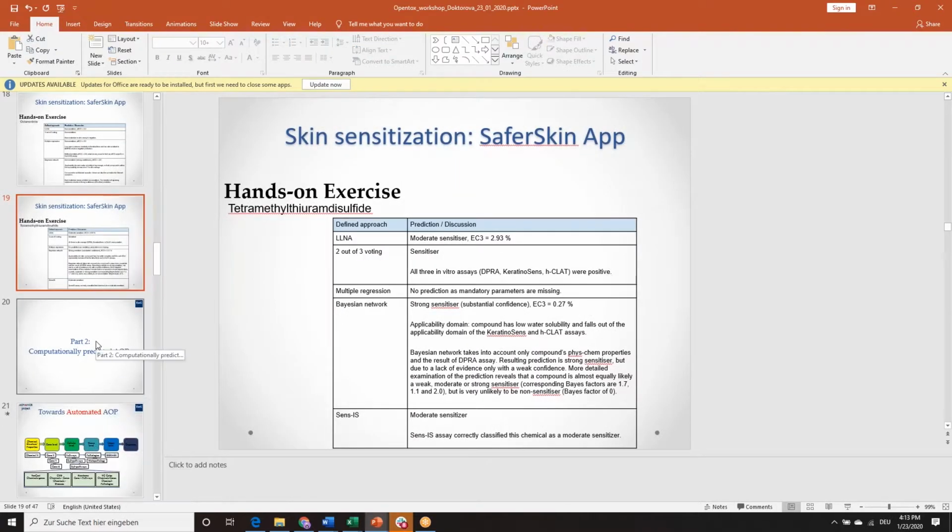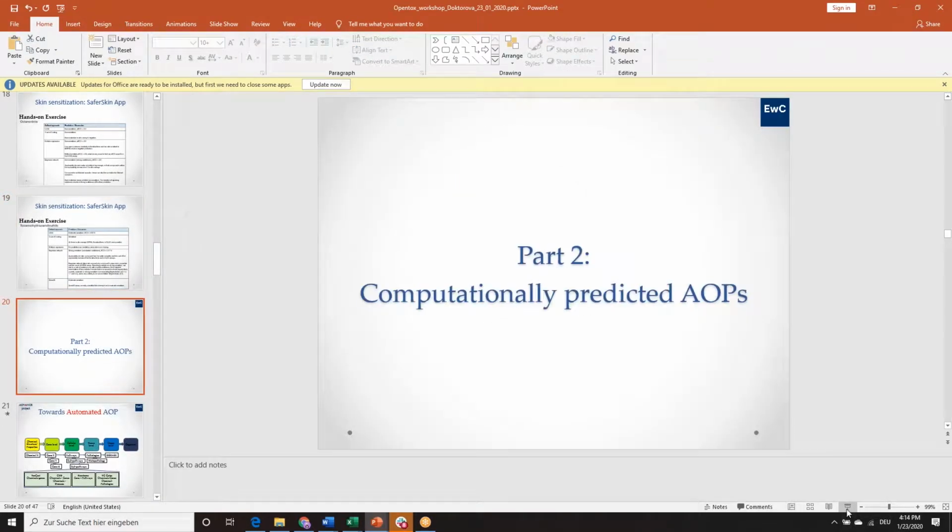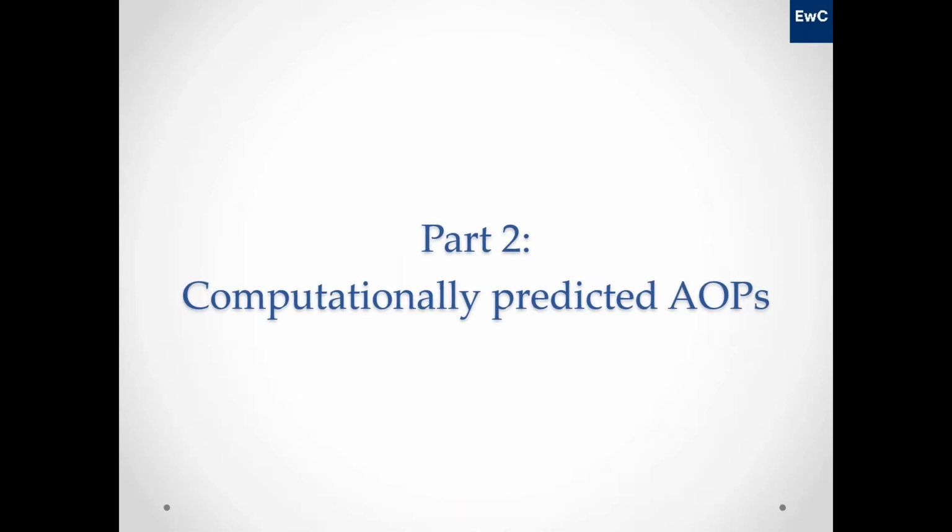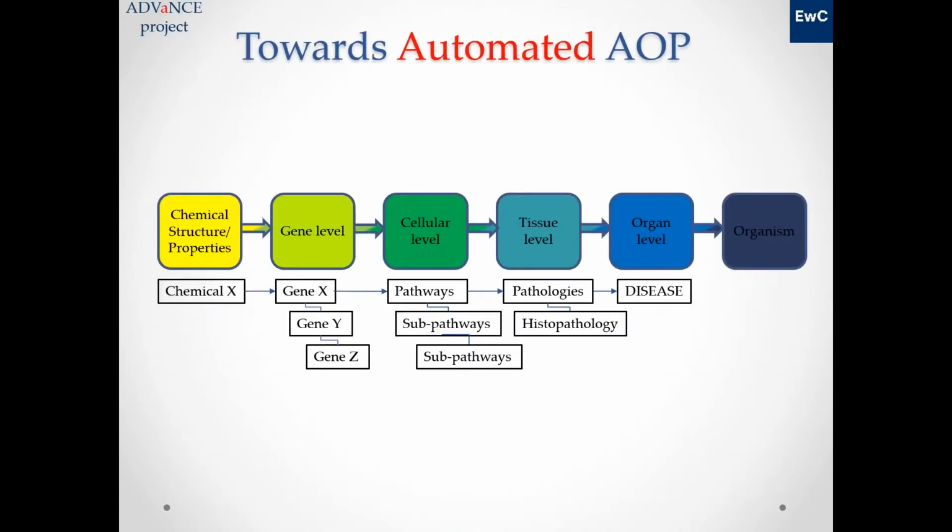So the second part of this presentation is on computationally predicted AOPs, and this work is part of a Marie Curie action. As I said, this is more or less what should be the structure of an AOP, gathering evidence at different levels of biological organization.